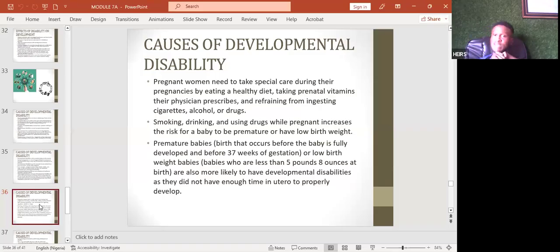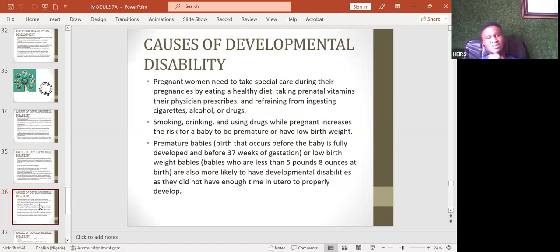Pregnant women need to take special care during their pregnancy by eating a healthy diet, taking prenatal vitamins their physicians prescribe, and refraining from ingesting cigarettes, alcohol, drugs, or any infections. Smoking, drinking, and using drugs while pregnant increases the risk of the baby being born premature and having a low birth weight, and also a developmental disability.